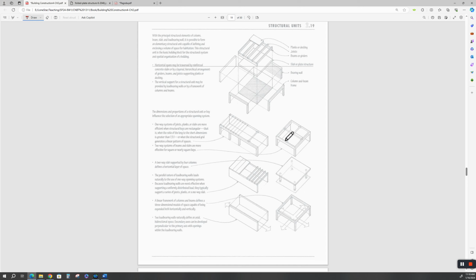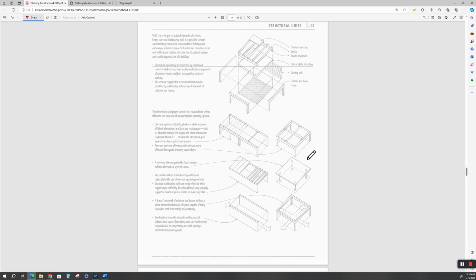Here's an example of how you support a two-way slab. Two-way slab supported by columns. The problem with this is you've got to watch your shear loads on that two-way slab at the top. Just having a column coming up in a circular manner like that, you're probably not actually ever going to see that in reality.